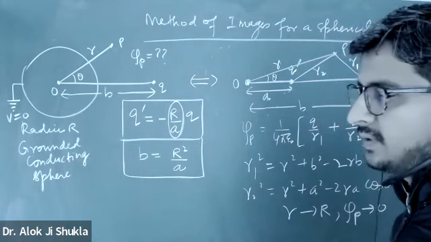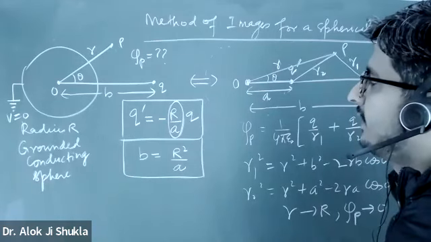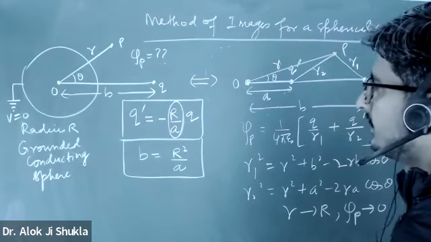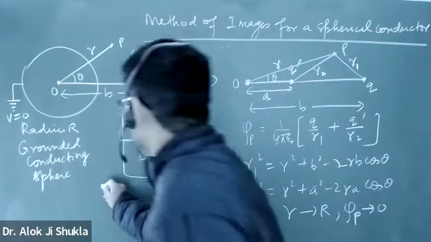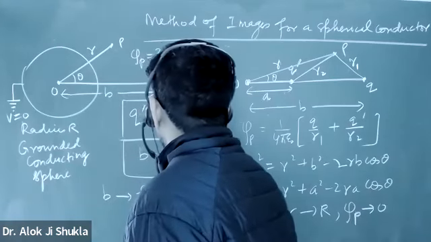Sir, b का जो वैल्यू है, b is fixed. नहीं सर, b का जो वैल्यू है वो तो रेडियस स्फीयर के अंदर है.